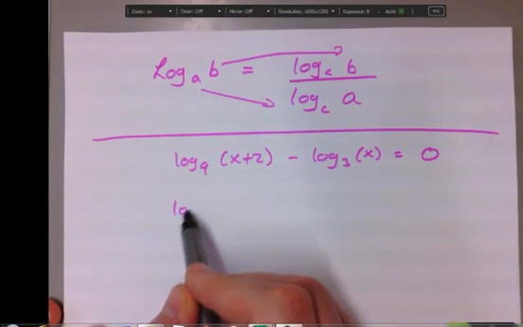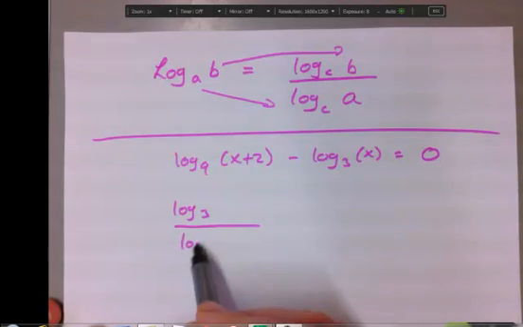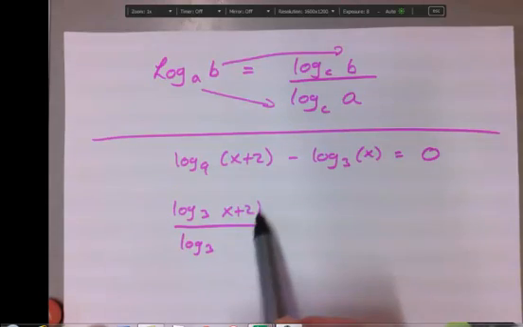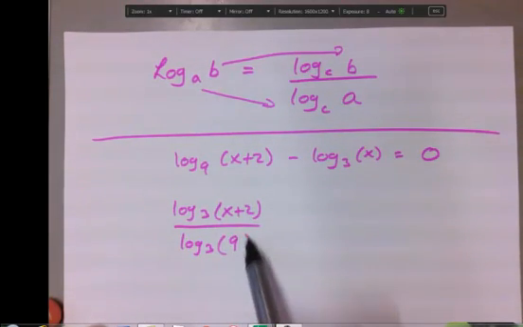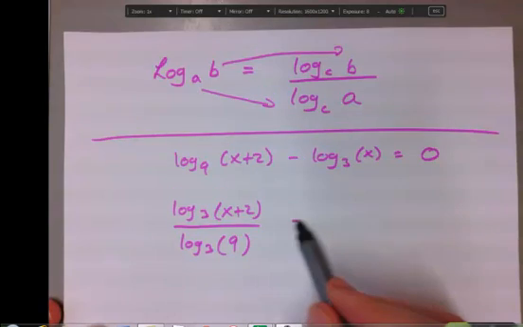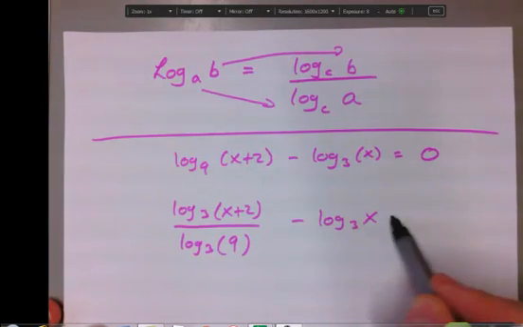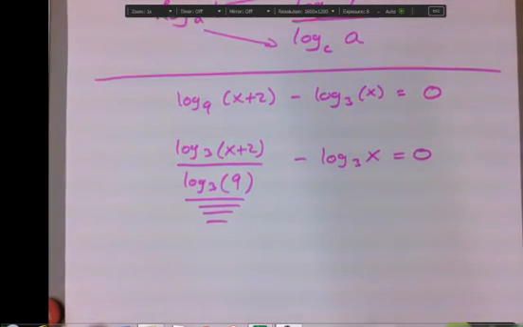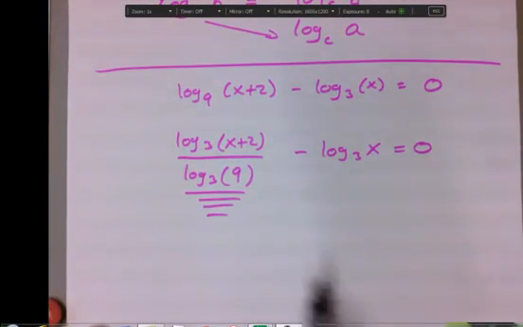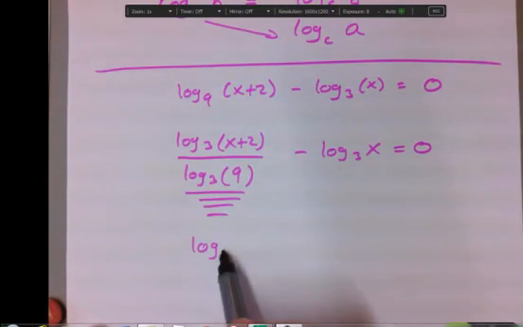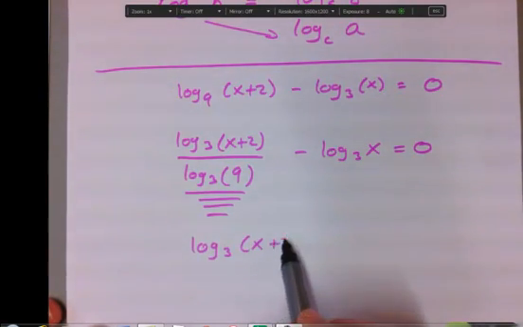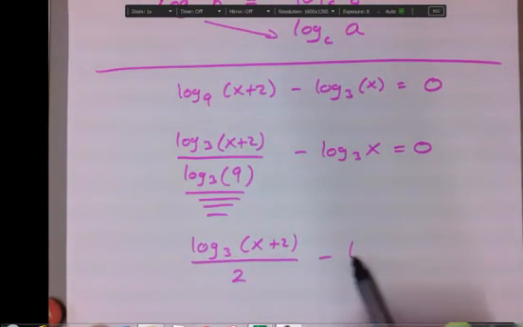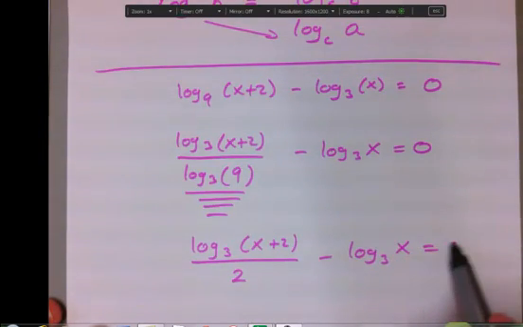So I'm going to say log base 3 over log base 3. x plus 2 is on top, and the 9 is on the bottom. This, of course, can be just evaluated on a calculator, and you'll end up with 2. So you'll have log base 3 of (x plus 2) all over 2 minus log base 3 of x equals 0.